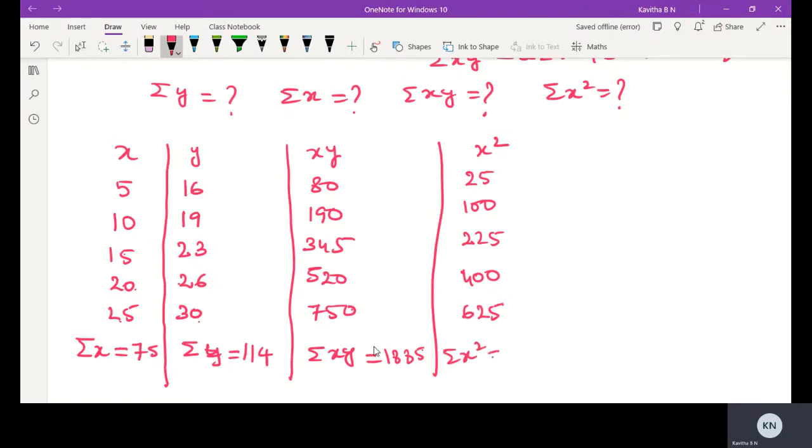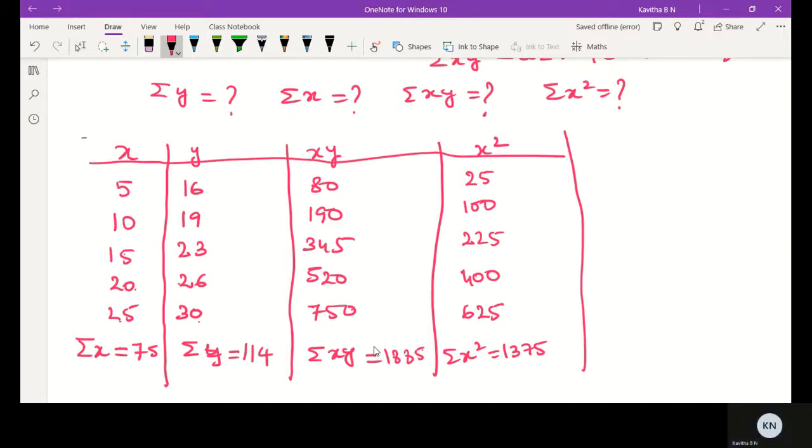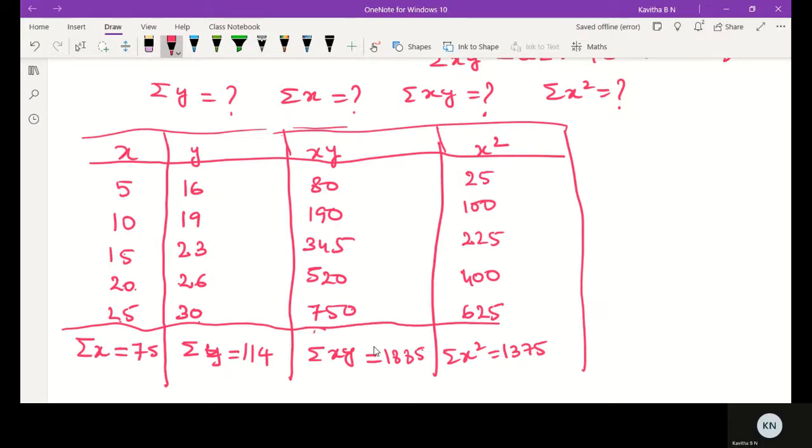Okay, summation of x square is equal to 1375. 25 plus 100 plus 225 plus 400 plus 625 is 1375.